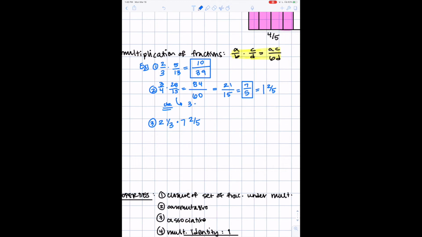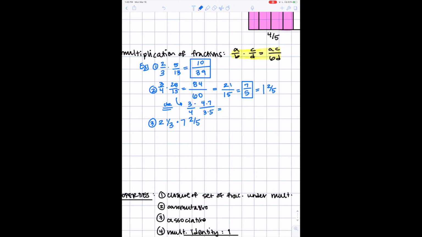So my first fraction is just 3/4 here. But if I look at 28 and I divide it by 7, I see that that's 4 times 7. And I see that 15 is really just 3 times 5.